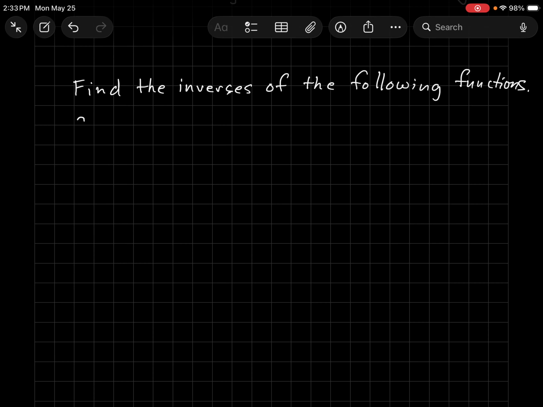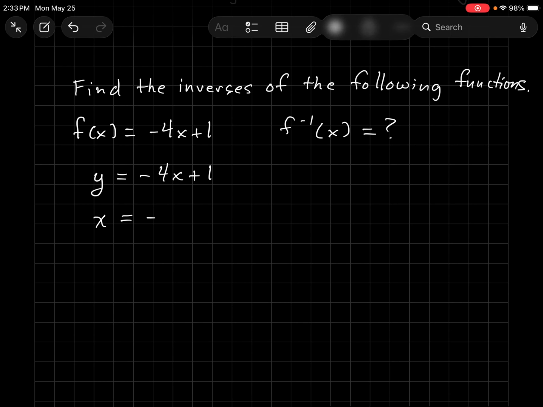And let's start with the first one. Let's say f of x equals negative 4x plus 1. What does f inverse of x equal? Recall that f of x we can write as y. So to find the inverse, I'm going to switch the x's and the y's. That is, y becomes x, and then x becomes y.